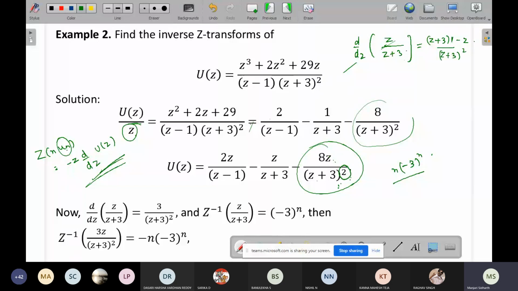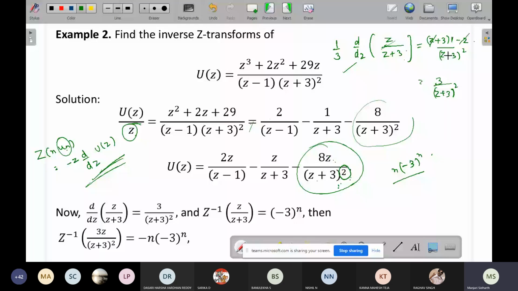So that and that z cancel, that means 3 over z plus 3 whole square, right? So what we do here, if I simply take 3 out, means 1 by 3, so that 3 will be cancelled out. Okay, getting my point?